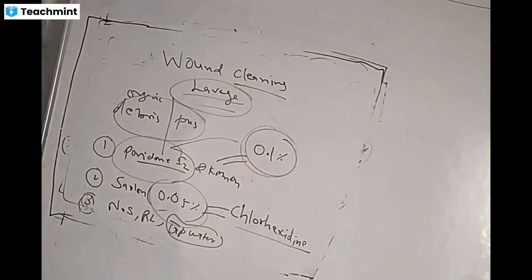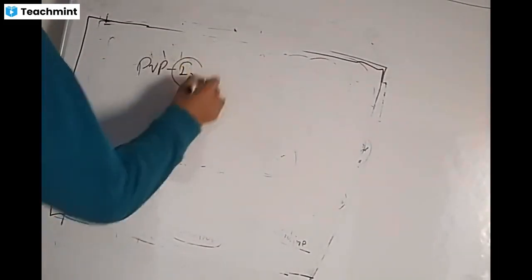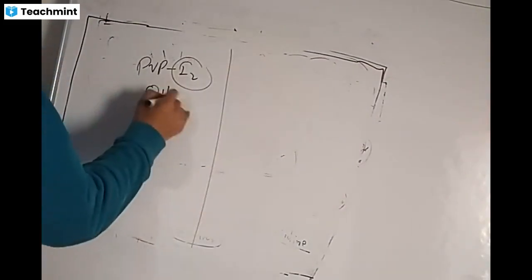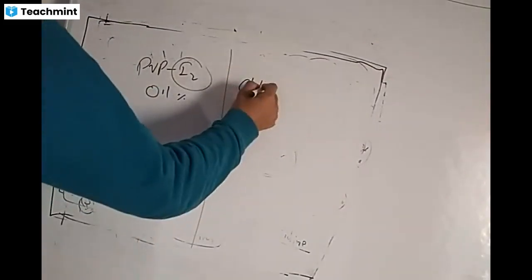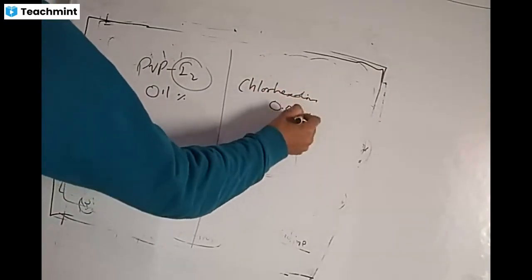The difference between these two to clean the wound is important. PVP, povidone iodine, 0.1%, and chlorhexidine 0.05%.